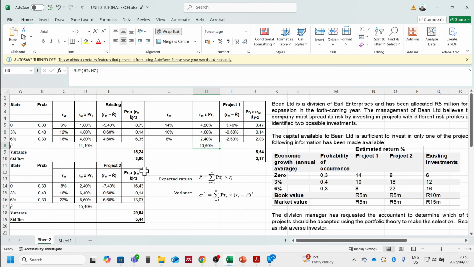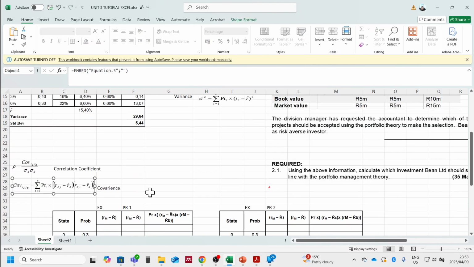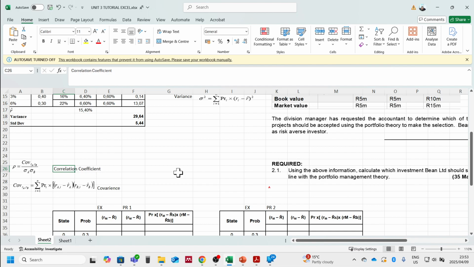Therefore, to identify that, we use this information firstly to calculate two things, the covariance and the correlation coefficient, where the covariance will tell us if these two types of assets move in the same direction or opposite direction, or there is no relationship at all if it's at zero. Whereas the correlation coefficient will tell us if these are positively related or negatively related.